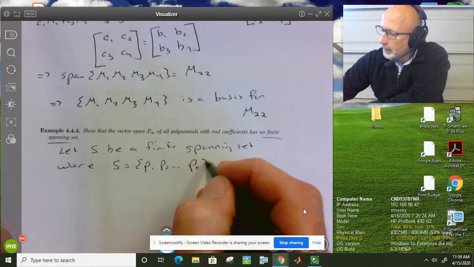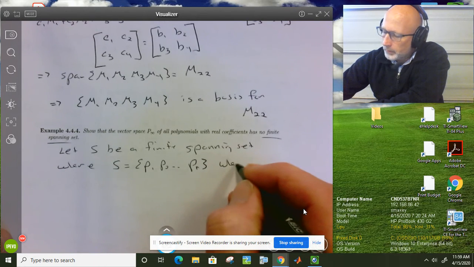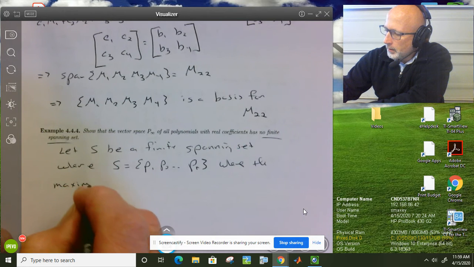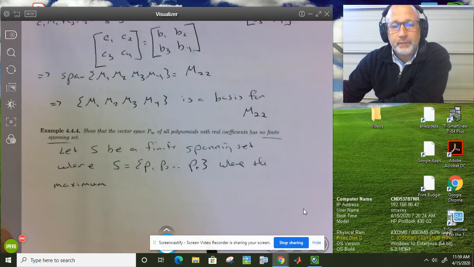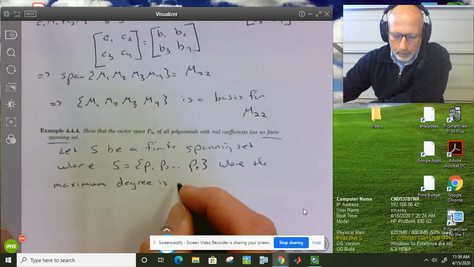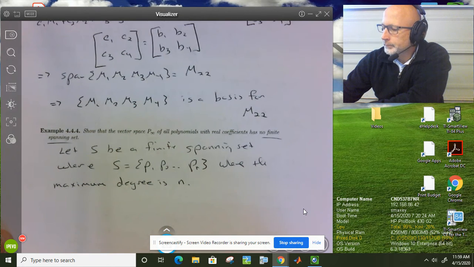Okay. Where the maximum, and there has to be a maximum because it's a finite set, where the maximum degree is n. Okay, so the largest polynomial I can make in there is going to be n.